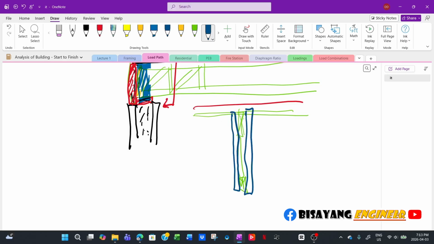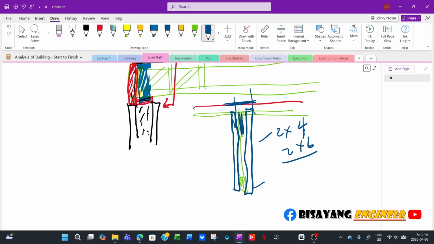Basically, this squash block could be 2x4, 2x6, it depends. It will sandwich the trusses so that all the loads from above will not be transferred to the trusses but to the squash block. So this functions as a short column bypassing the trusses.